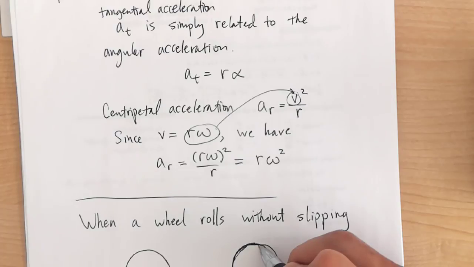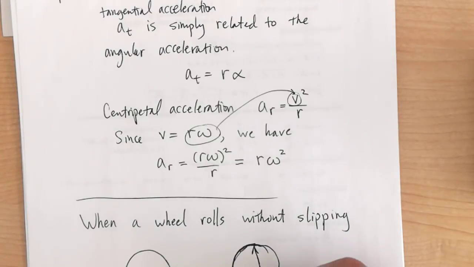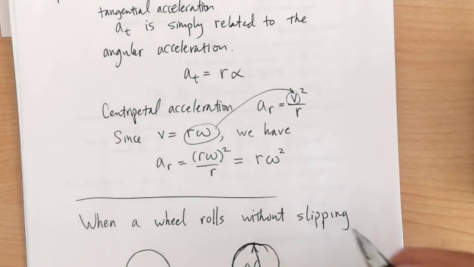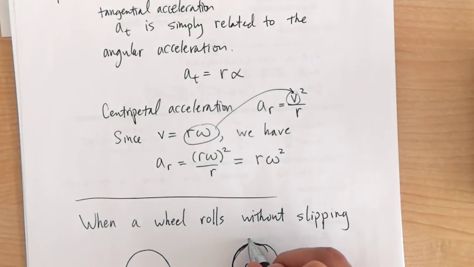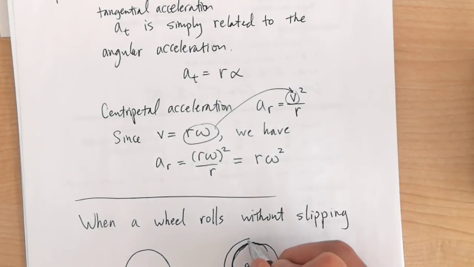They have the same length. And so let's say it's this much, and measure this angle theta. So this distance here, S, is the same distance as this distance here, S.